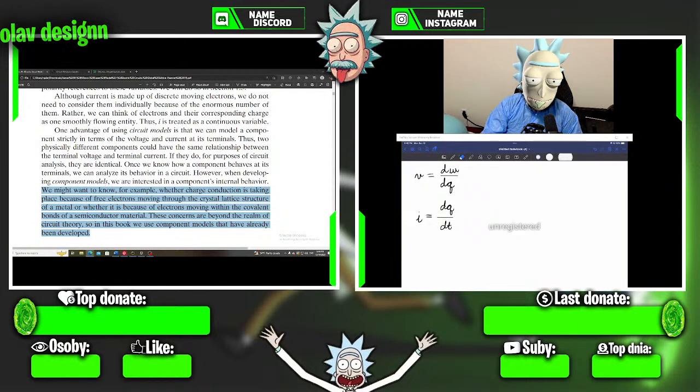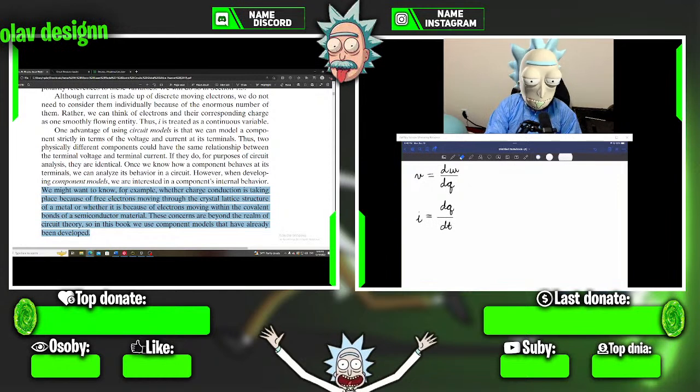You might want to know, for example, whether charge conduction is taking place because free electrons move in the crystalline structure of a metal, or whether it is because of electrons moving within the covalent bonds of a semiconductor material. These concerns are beyond the realm of circuit theory.